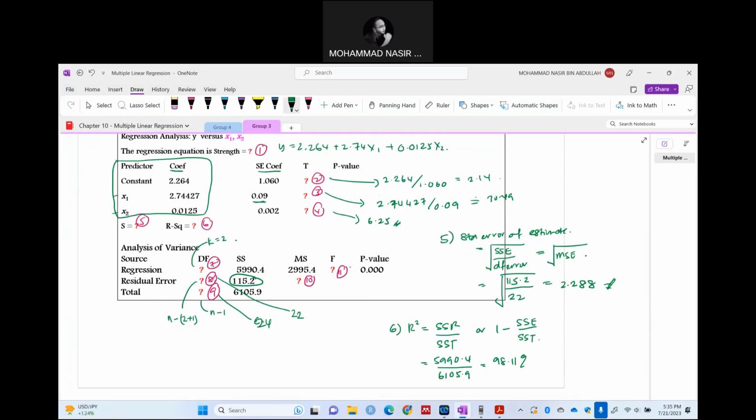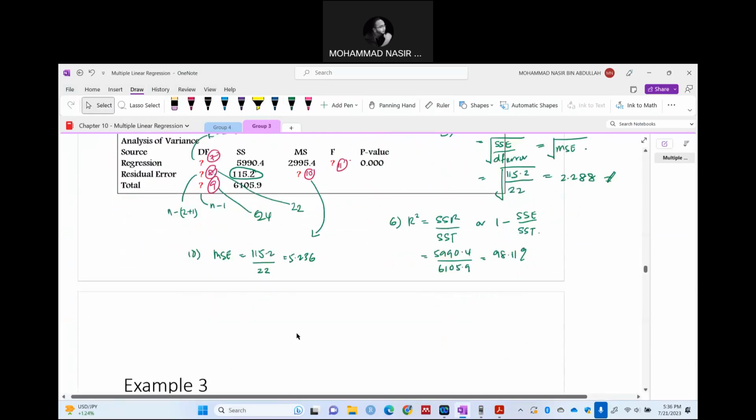And to find MSE, number 10, right? So this one should be 115.2 divided by 22. So this one should be equal to 5.236. Right.